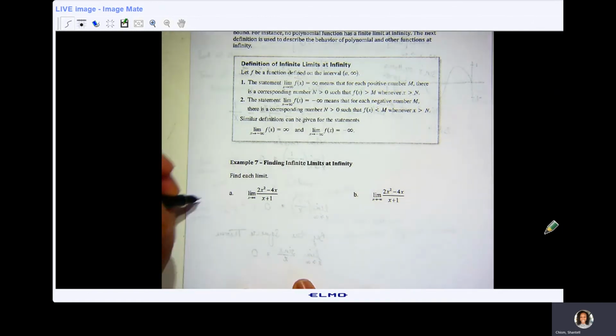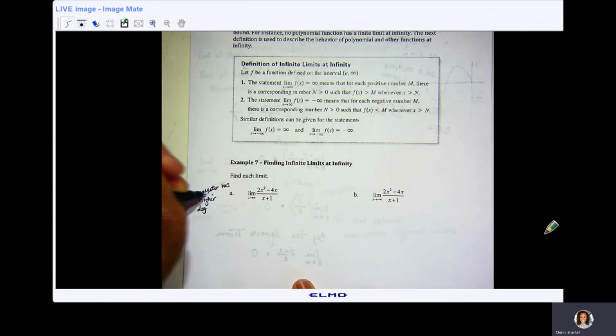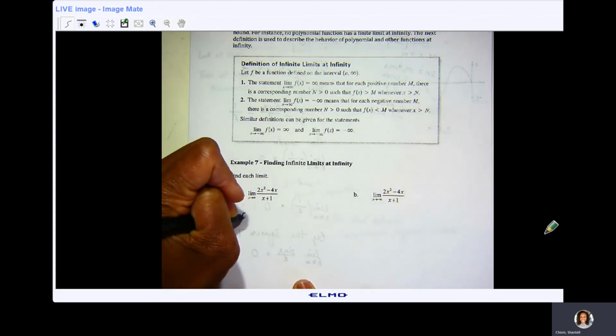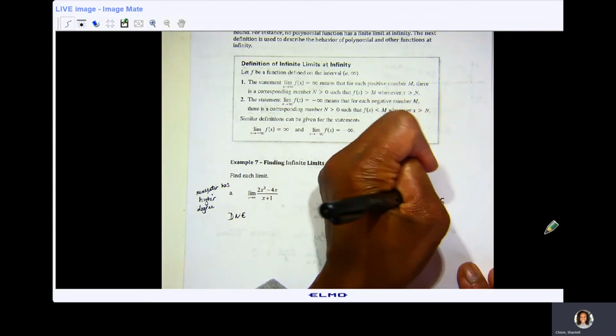We can notice, though, that the numerator has the higher degree. So technically the limit does not exist for either of these, because it's the same case for both.